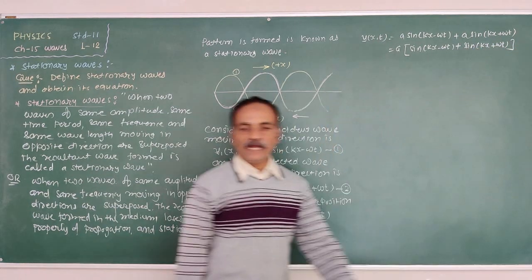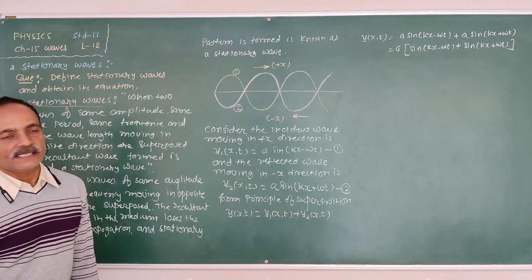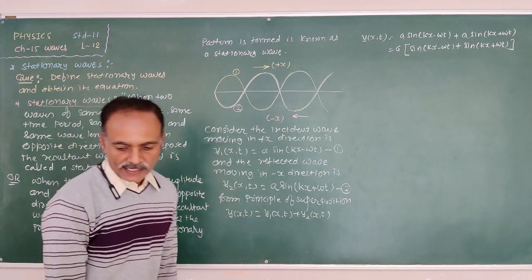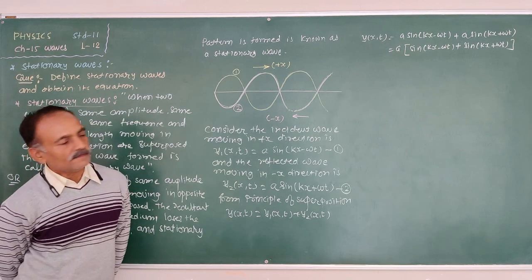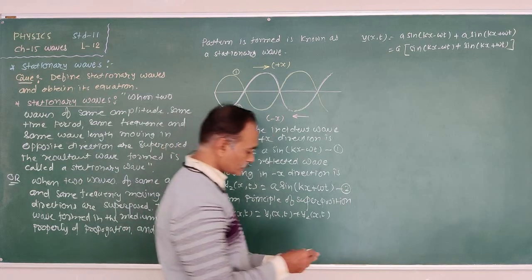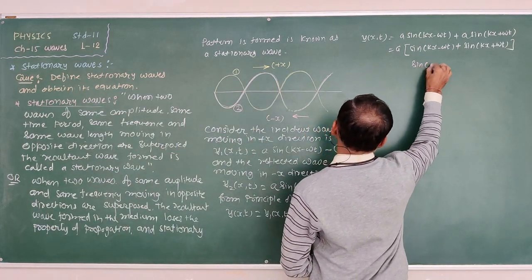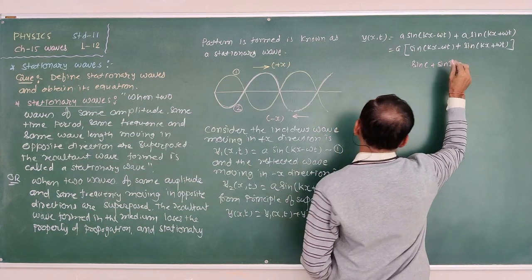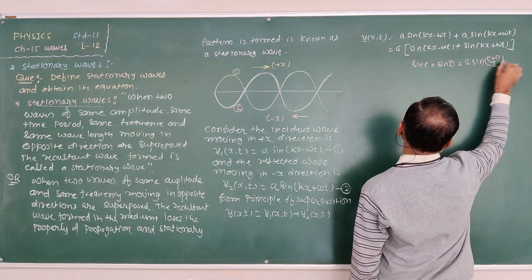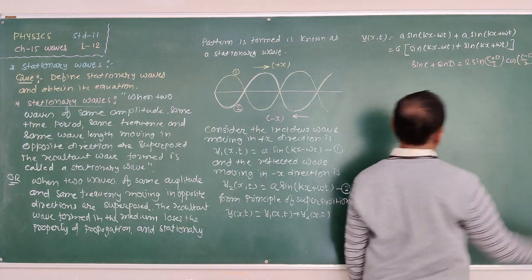Here we apply the trigonometric identity: sin C plus sin D is equal to 2 sin((C plus D) by 2) into cos((C minus D) by 2).